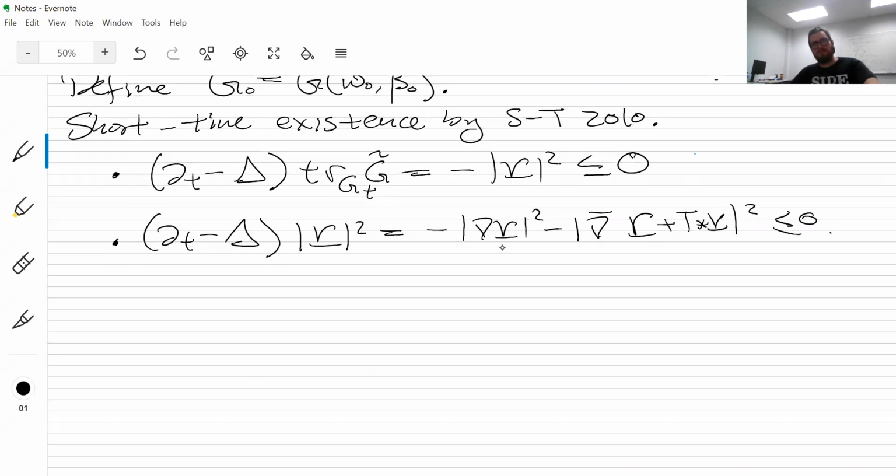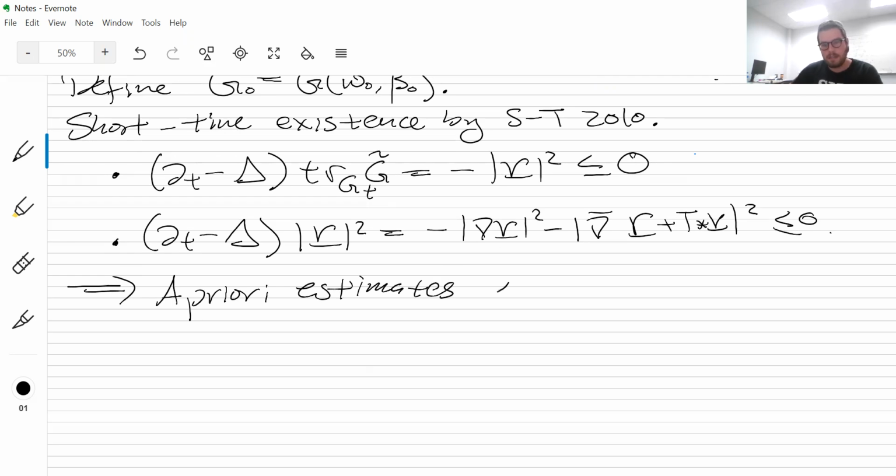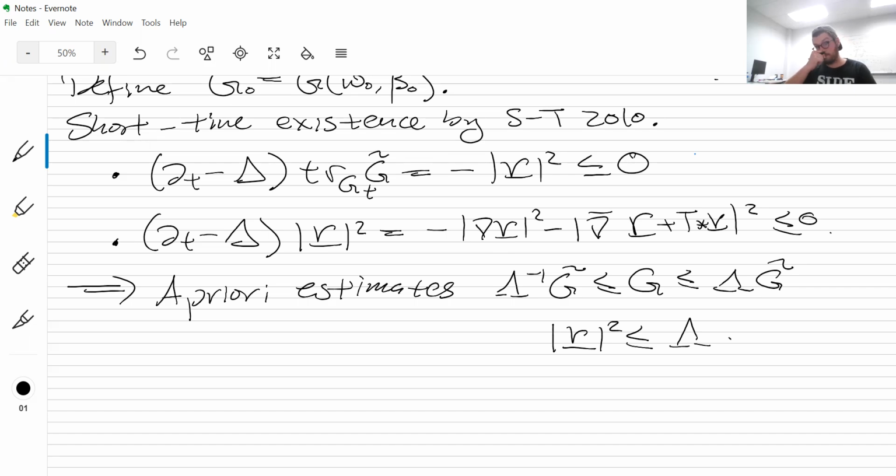You can use fairly standard arguments. I won't bore you with them too much. These imply a priori estimates: lambda inverse G tilde less than G, less than lambda G tilde, and epsilon squared controlled by lambda.